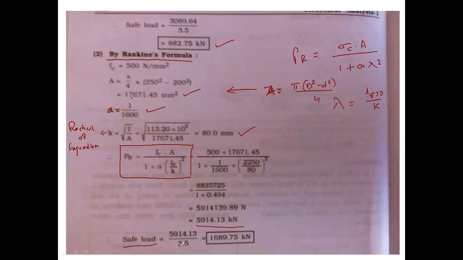Crippling load by factor of safety, isn't it? PR by factor of safety will give your safe load, the safe crippling load with the help of Rankine formula, 1,689.75 kilonewton.